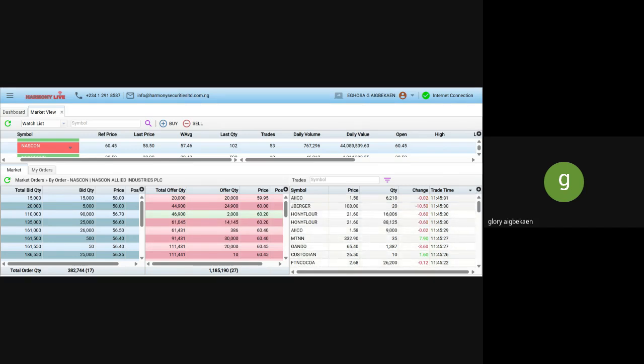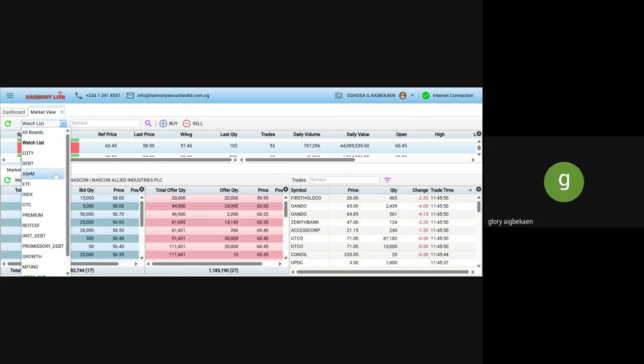But the pullback this morning was a whole lot. Let us even check the banking index. Go to index, INDX is index.